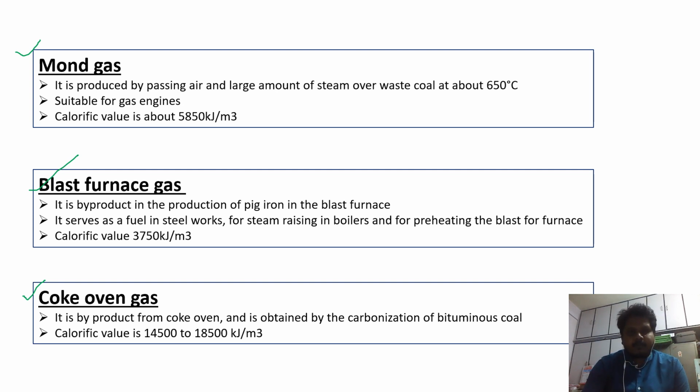Mond gas is produced by passing air and a large amount of steam over waste coal at a temperature of 650 degrees centigrade. It is mostly suitable for gas engines. The calorific value of Mond gas is 5850 kilojoule per meter cube.